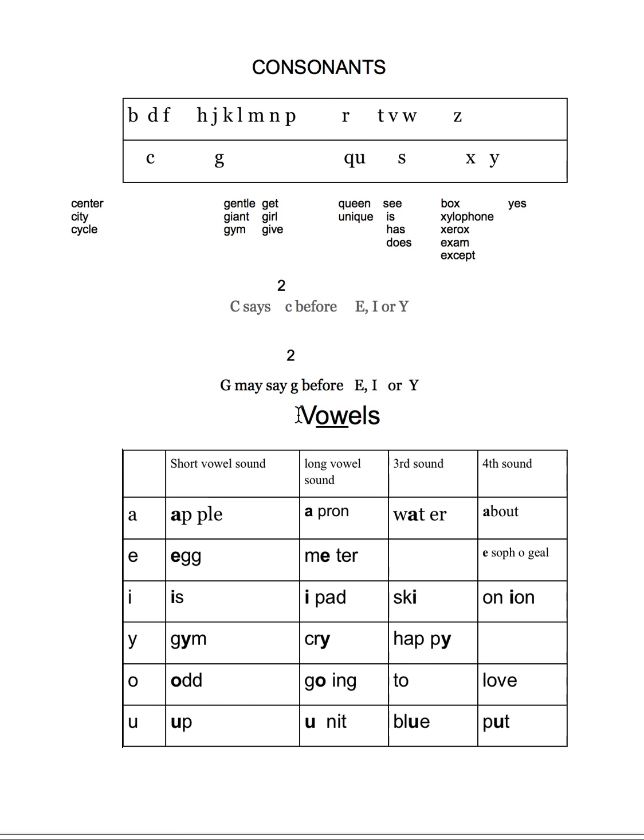When you look at the vowels, every vowel has 2 sounds, a short vowel sound and a long vowel sound. But they also have more sounds, a third and a fourth sound.